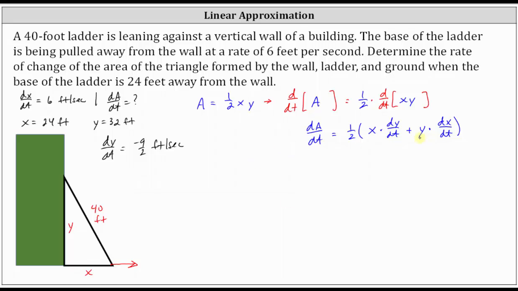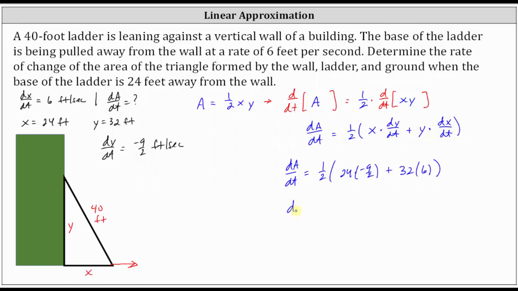And now we have all the information we need to determine dA/dt. dA/dt, which is the change in the area with respect to time in seconds, is equal to 1/2 times the quantity x, which is 24, times dy/dt, which is negative 9/2, plus y, which is 32, times dx/dt, which is 6.